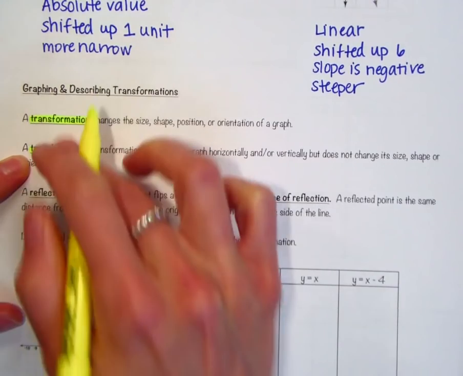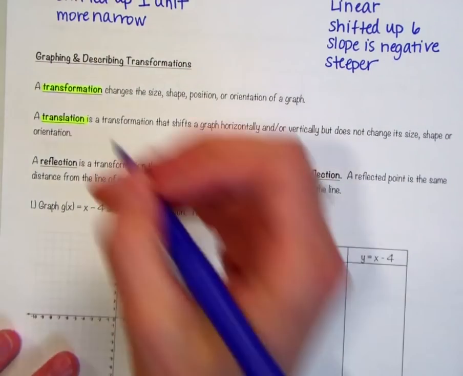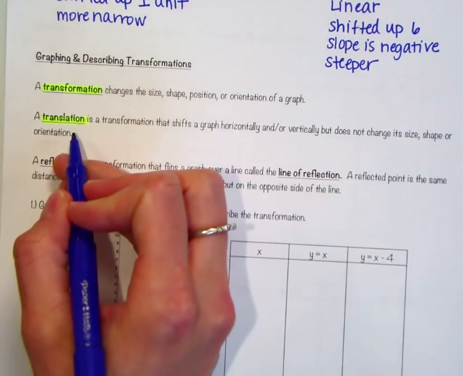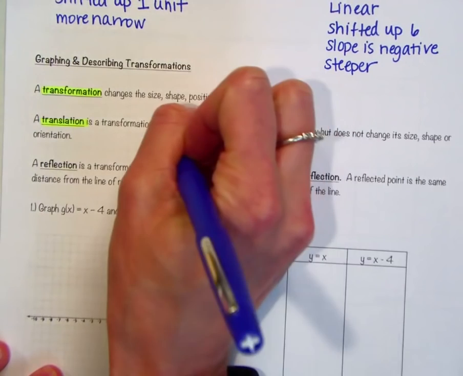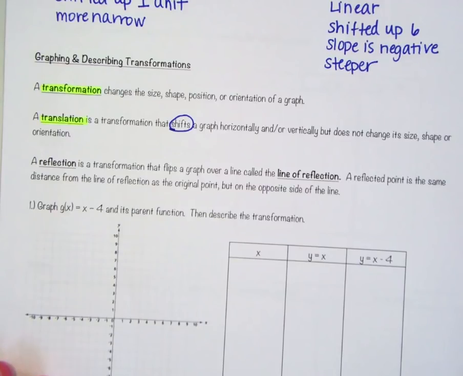I know the words sound the same, but they're different. Transformation is a very generic term. Translation is a specific type of transformation. Okay. That is a graph that shifts a graph horizontally and or vertically, but does not change the shape, the size, or the orientation.